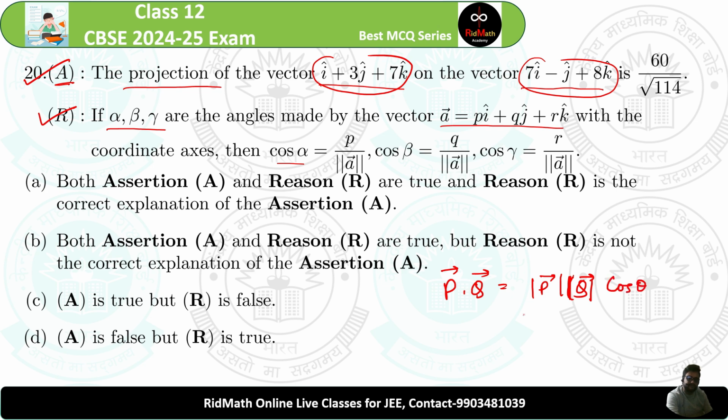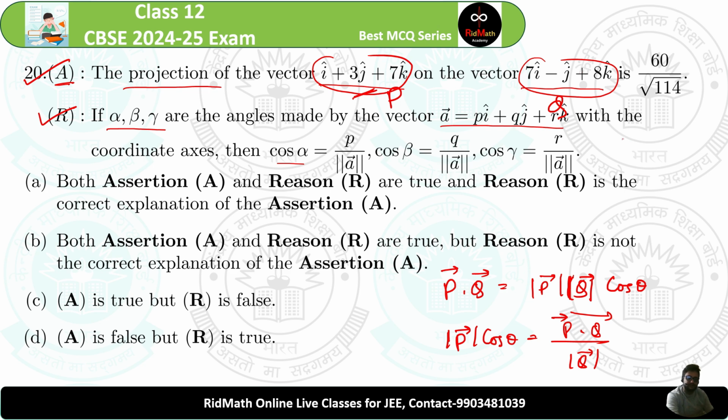The projection of the vector, suppose this is p and this is q, so p cos theta is the projection, that means p dot q divided by mod q.